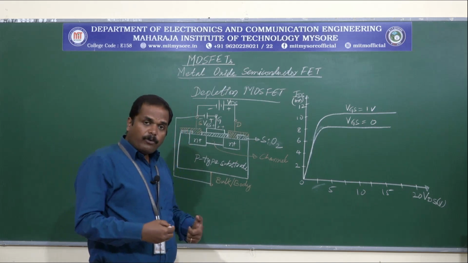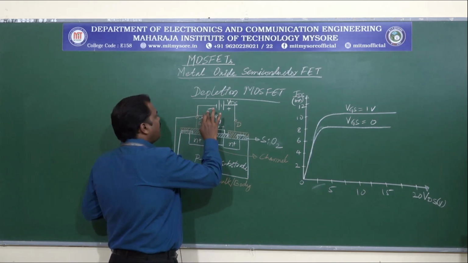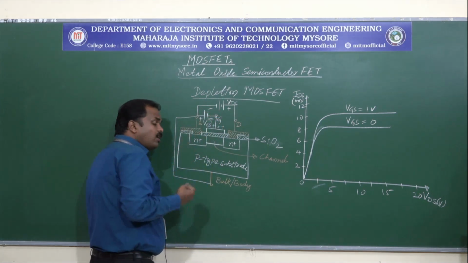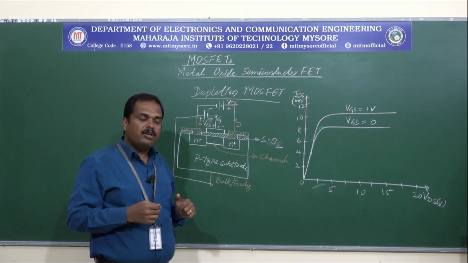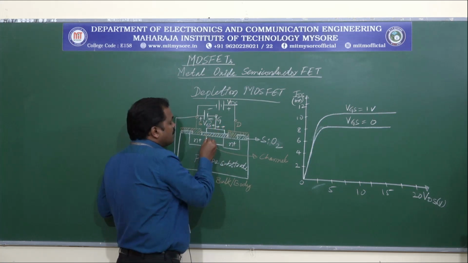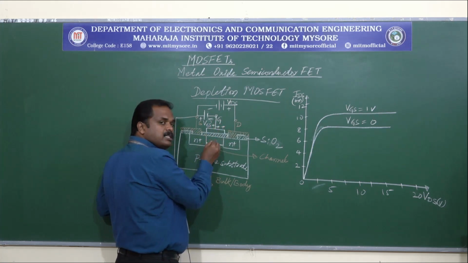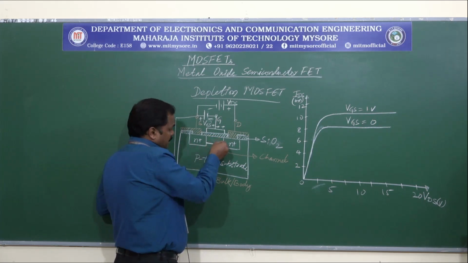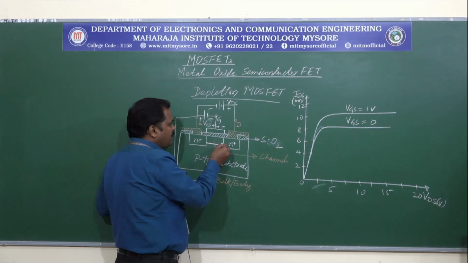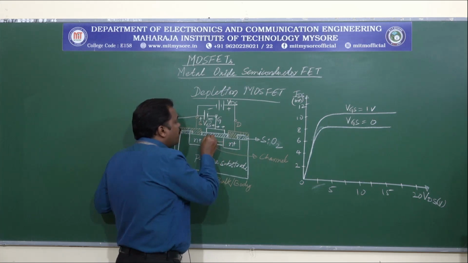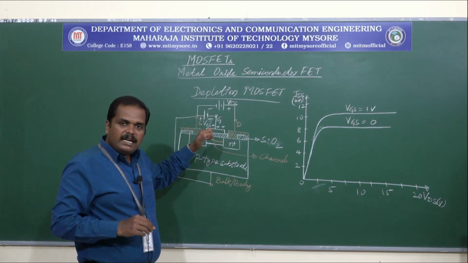Right? Now the opposite thing, what if I connect some negative voltage at the gate terminal? If I introduce some negative potential here, this will cause the charge carriers that are available in the channel to repel from the channel region. So these electrons repelling from the channel region will develop a depletion region inside the channel.